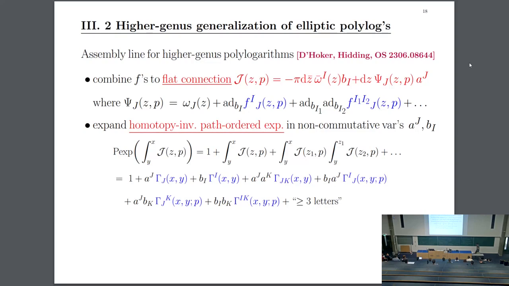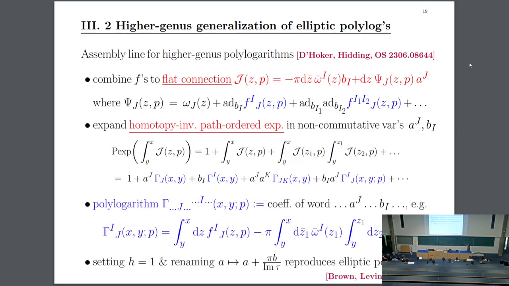Okay, maybe it's getting disturbing how often I say non-commutative. Now it's time to get rid of that. Now we expand in words in these non-commutative variables, and the polylogs at higher genus are the coefficients of all of these words. So in the formula here, you see some examples up to word length 2.